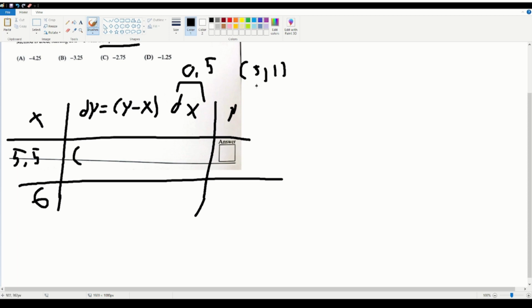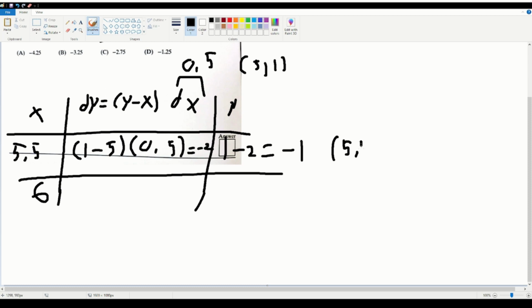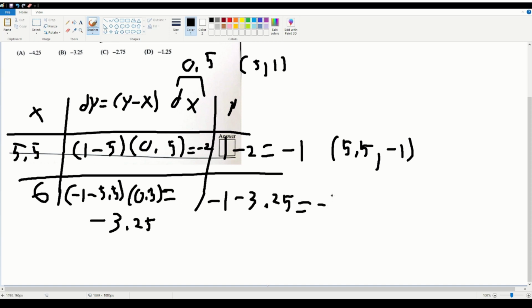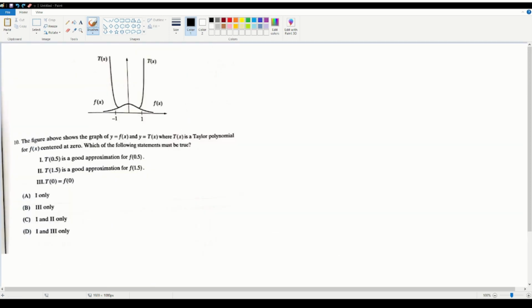Using your initial condition, it's y, which is 1, minus x, which is 5, times 0.5, which is equal to -2. Now you're going to add, or in this case, subtract from your starting value, so you'll get -1. So you're going to use this next point, (5.5, -1), for the next step. And you get -4.25, which is A.